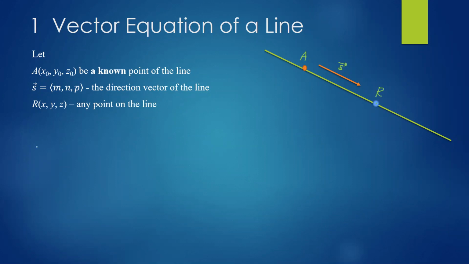It could slide back and forth along this line. We can call it again the running point, or the current point, or a random point on this line, just like we did with the plane. So any point on the line is given.